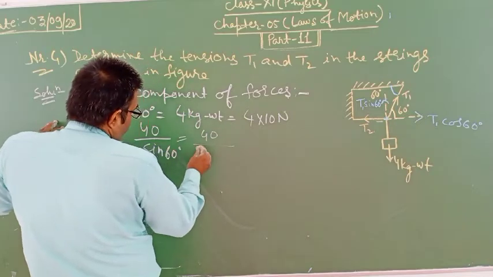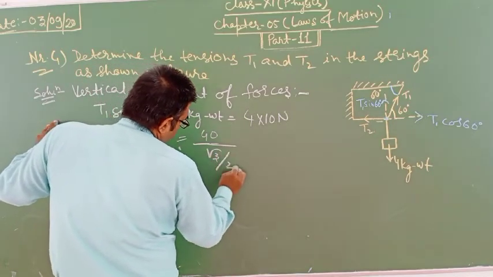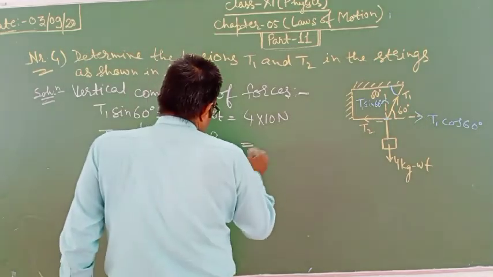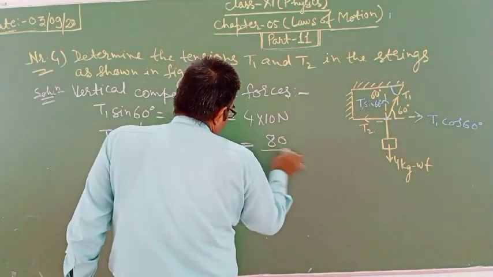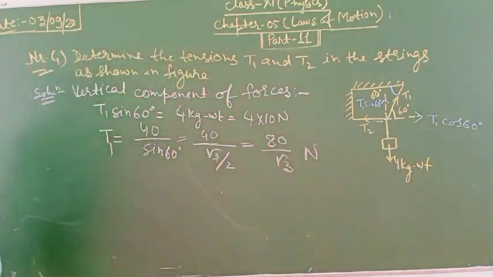Sin 60 degree is root 3 by 2, and it is equal to 80 upon root 3 Newton. Clear?